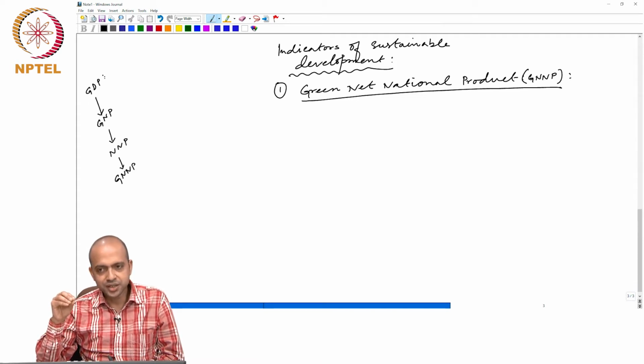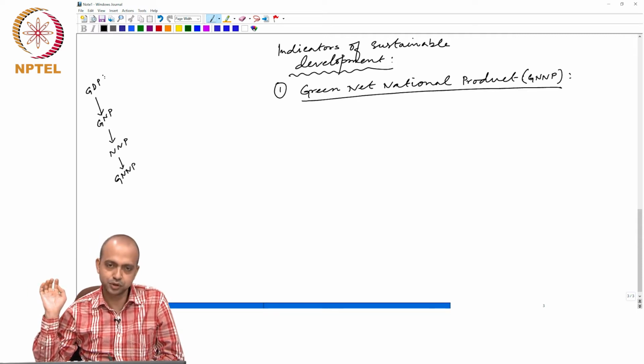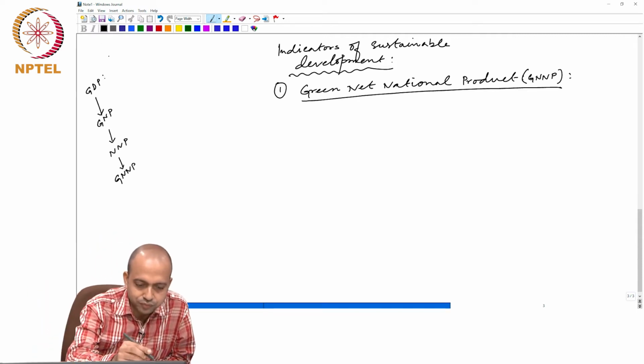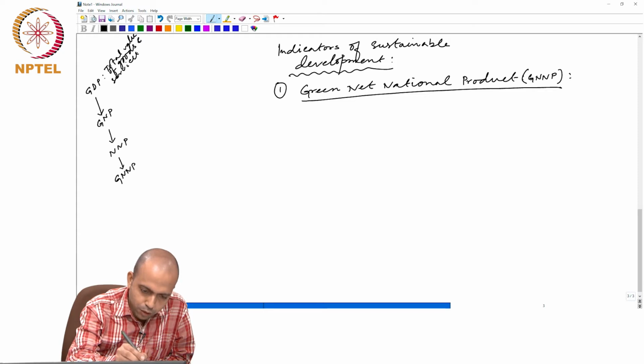It is defined as total value of marketable goods and services produced within the Indian territory in a given period of time. Okay. So, total value of goods and services produced within India, let us say.